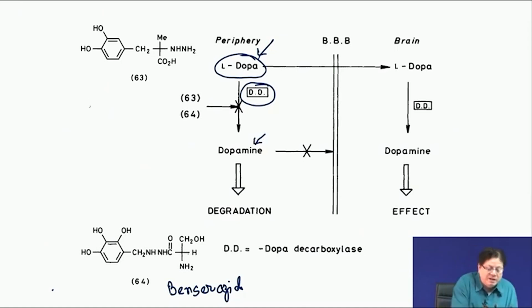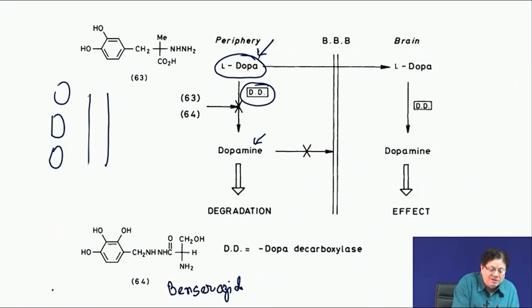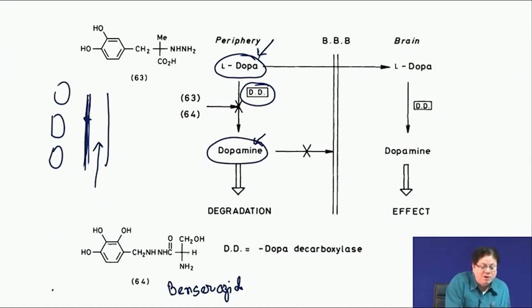That means, suppose this is a blood vessel and the neuronal cells are somewhere near here, and this is the peripheral region, okay. L-DOPA goes in the bloodstream, and L-DOPA is mostly decarboxylated into dopamine before it reaches the brain cells. So, if it is already converted to dopamine, the problem is dopamine cannot cross the blood brain barrier.